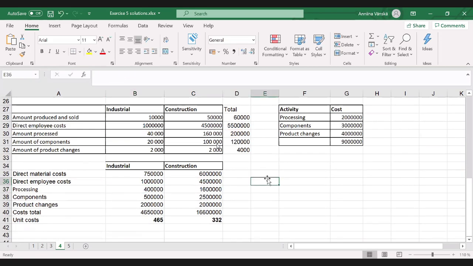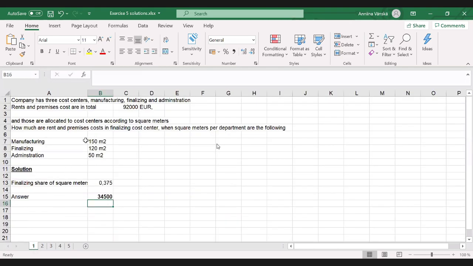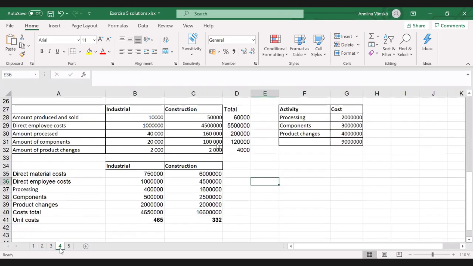If we put it back to more simple, when we were first calculating here, it's basically the same thing. We were first calculating what is the finalizing share of the square meters, and then that percentage from the costs. So exactly the same thing, but just in a more complex surrounding, or a bit more complex.